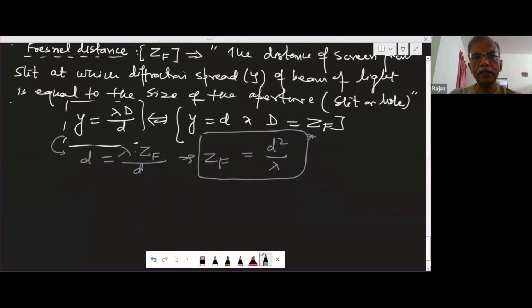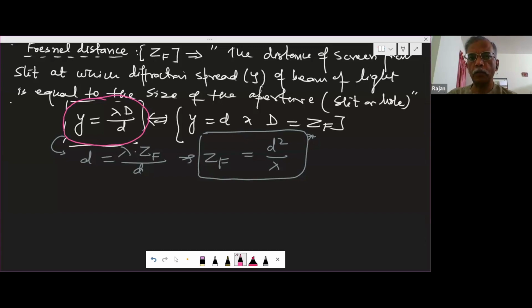You see, y is directly proportional to capital D for the given lambda and small d.